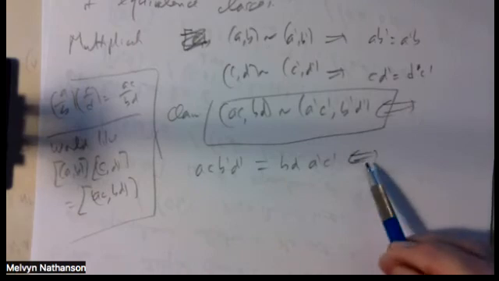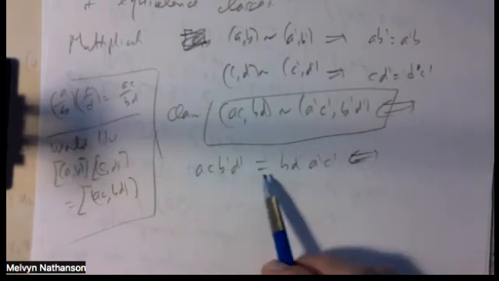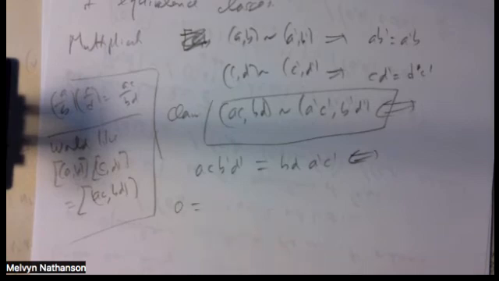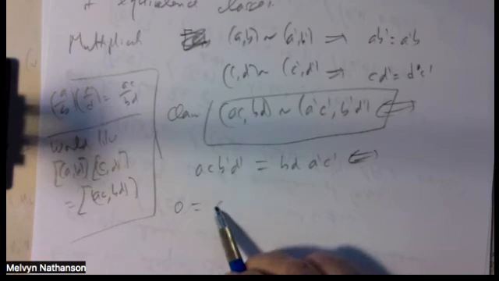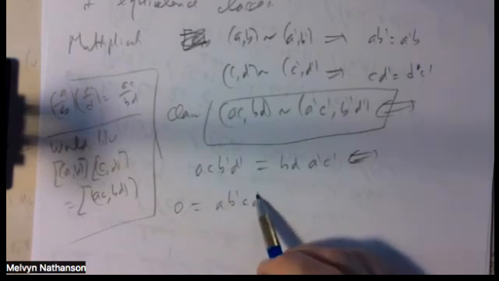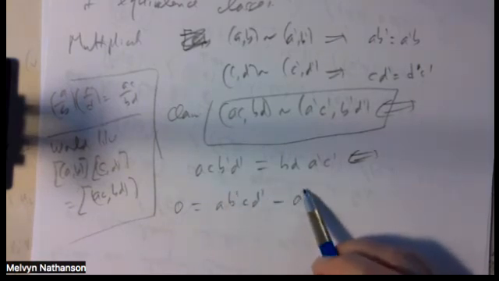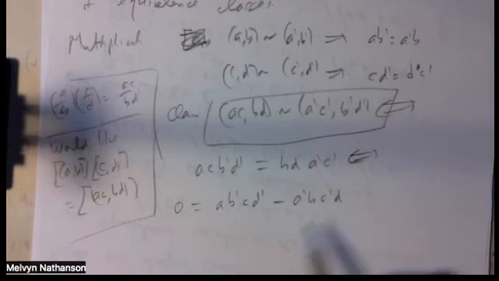Which is true if and only if the difference is 0. So this minus this, let me write it as AB'CD' minus A'BC'D. We want that to be 0. And I know that AB' is A'B.